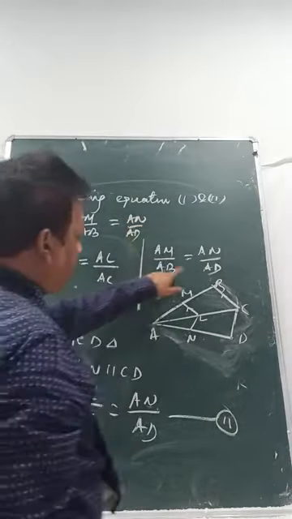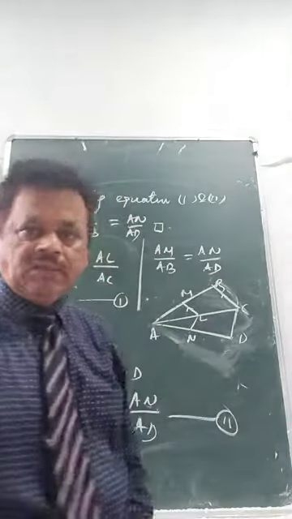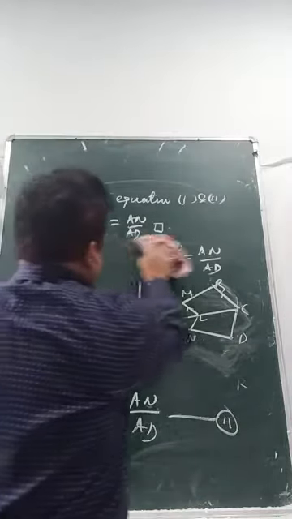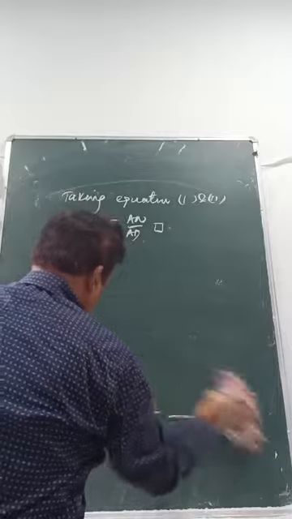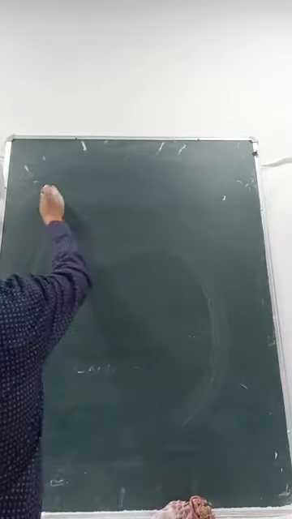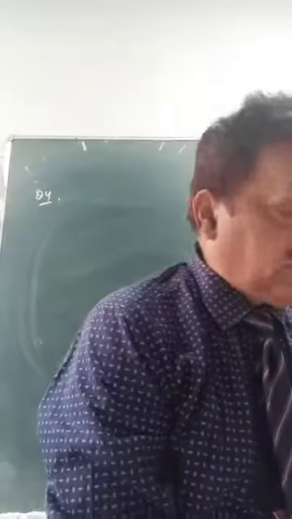Because this is what you want to prove, so proved. Means the theorem is closed. Symbol is like this. Okay. Question number 4.